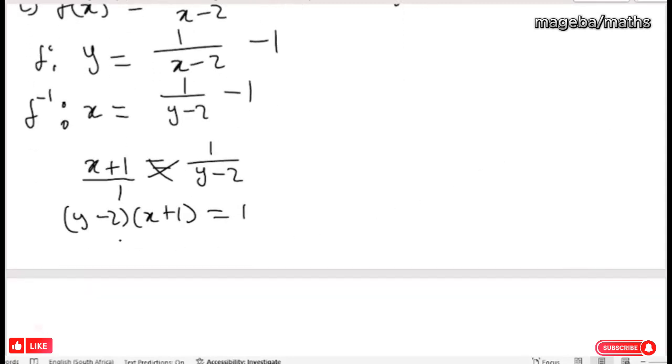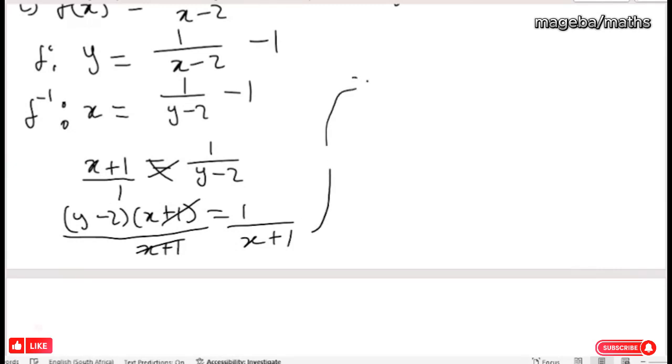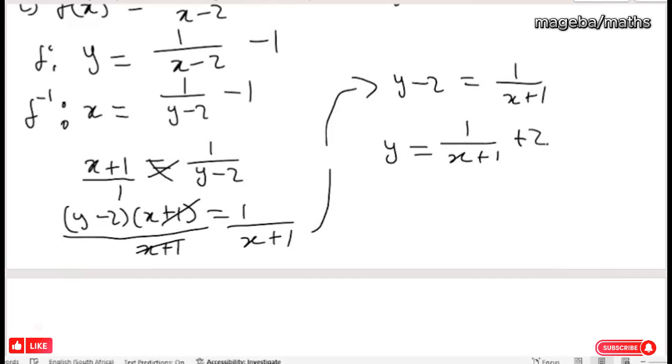Remember, I need to make y the subject of the formula, so I'm going to divide both sides by x plus 1, and this is going to cancel. From here I have y minus 2 equals 1 all over x plus 1. Then take this 2 to the other side. Now it's going to be y equals 1 over x plus 1, and then plus 2.